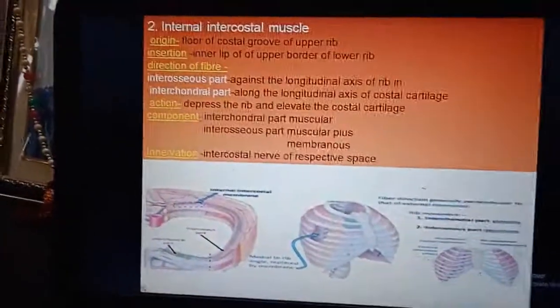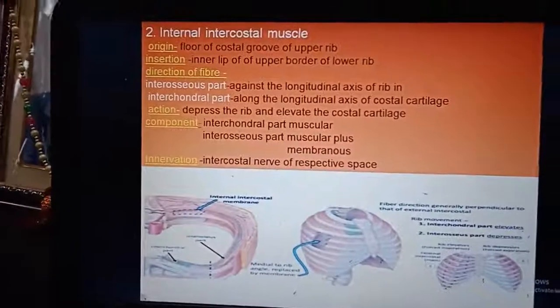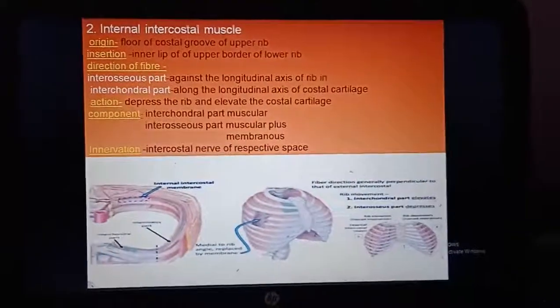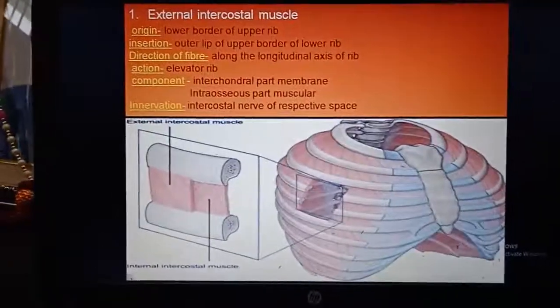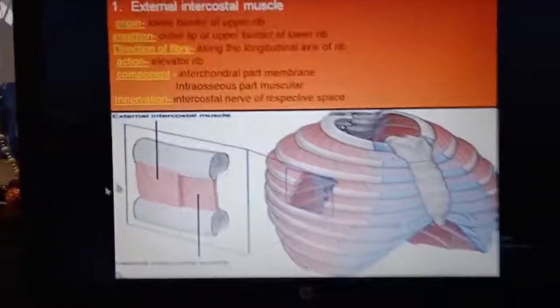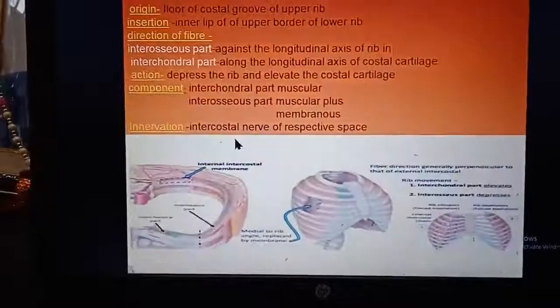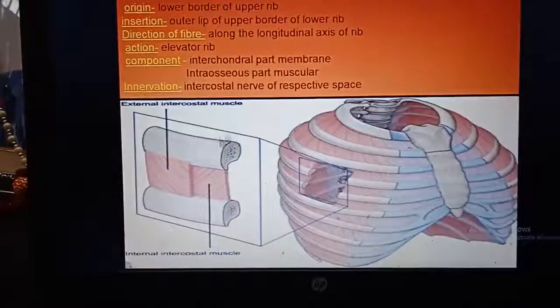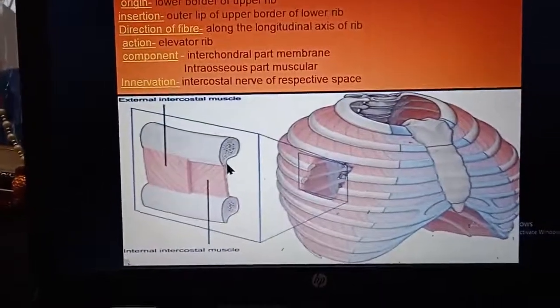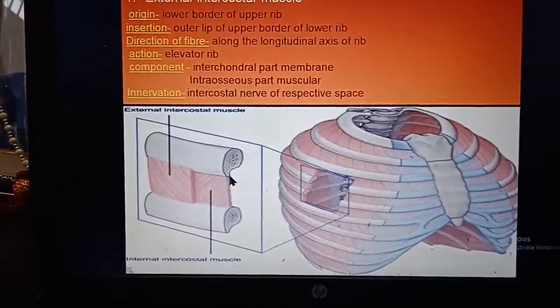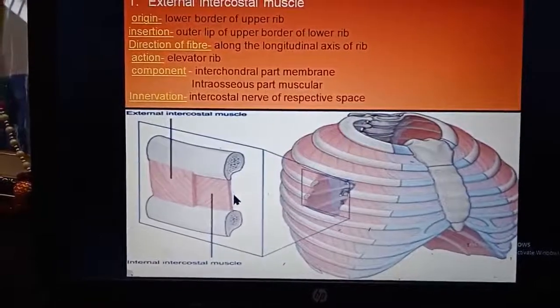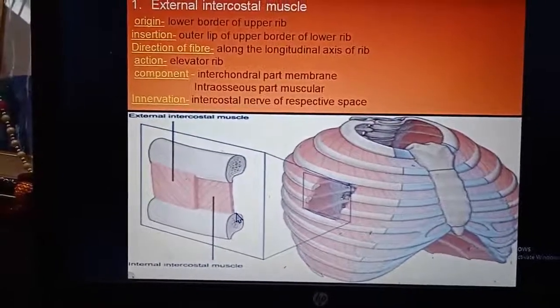Coming to the internal intercostal muscle. Its origin, in this picture it is very clear, is from the costal groove on the internal aspect of the rib near its lower border. This is the groove, from the costal groove to the inner lip of the upper border.